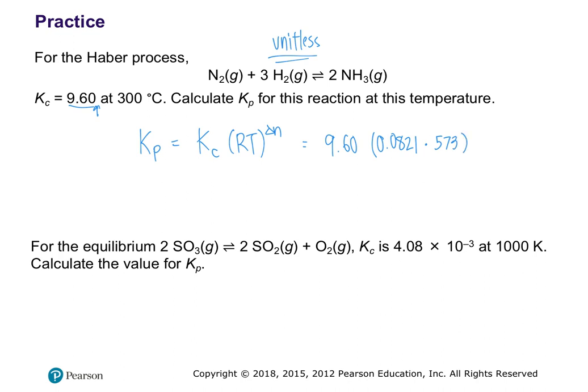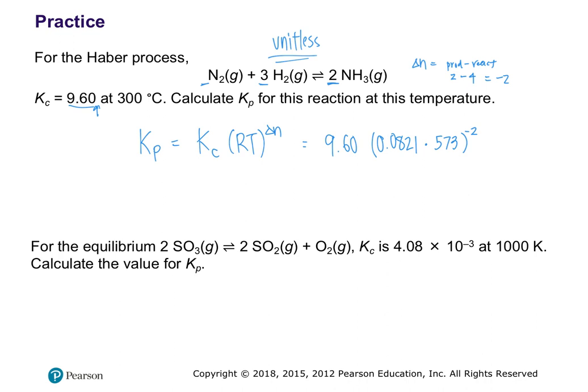And raised to the delta N. So delta N is going to be moles of gas products minus reactants. So let's see, I have 2 moles of gas product, and then my reactants, both nitrogen and hydrogen are gases. I have 1 plus 3, so I have 2 minus 4 reactants. So delta N is -2. So I'm going to raise that to the -2.